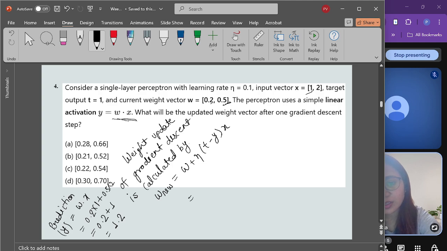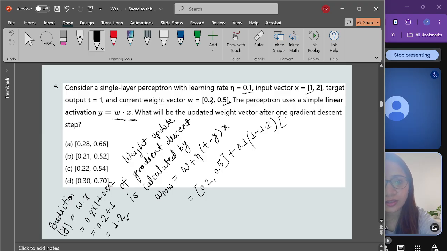Here is our old weight vector, 0.2 and 0.5, plus eta, which is given as 0.1. T is 1, so 1 minus 1.2, the y we calculated here, into x.